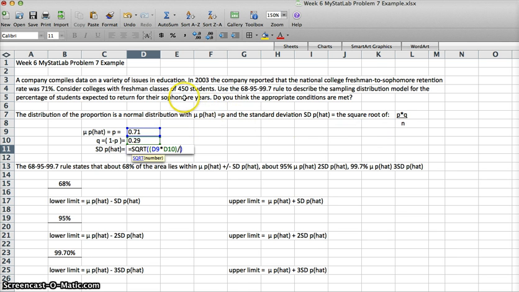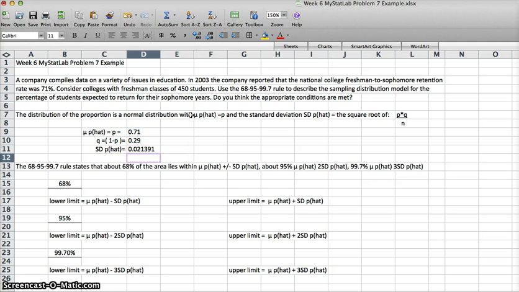N is our number of students here. In this case, we're looking at 450 as the total there. So 450. Our brackets are closed. So all we have to do now is hit enter.